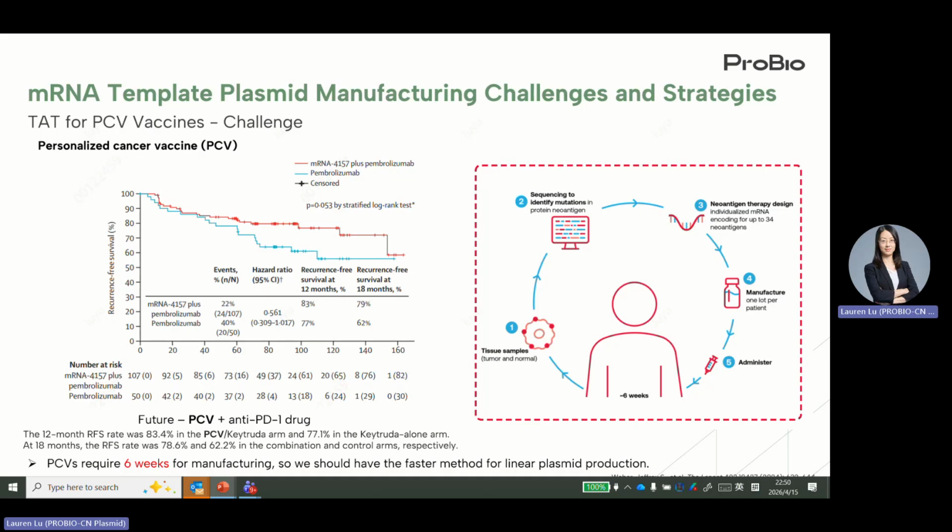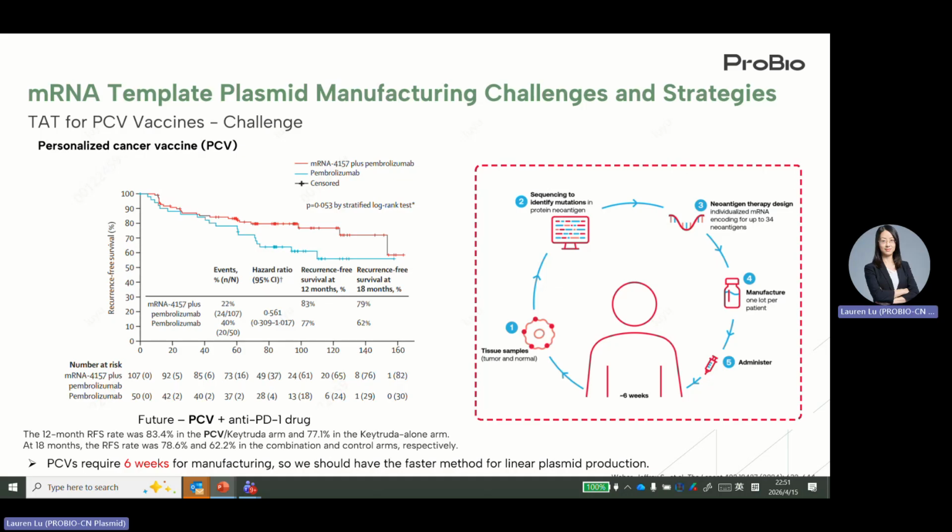So personalized mRNA cancer vaccine, we'll call it PCV. PCV mRNA is one of the mRNA vaccines that provides a new direction for precision tumor treatment, with the support of existing clinical data and a large number of ongoing clinical trials.